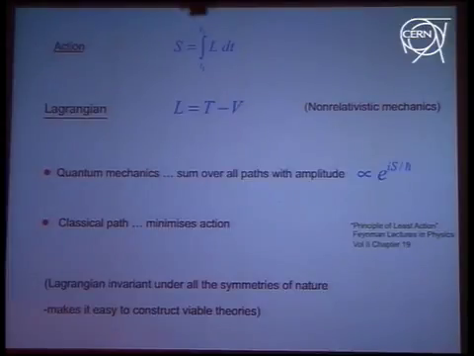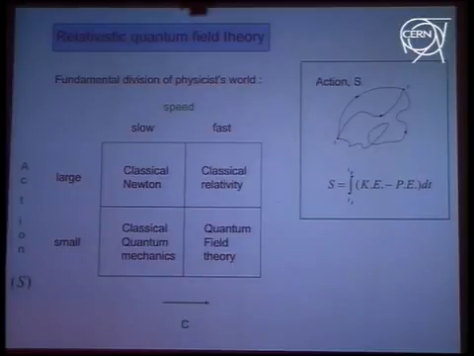Now, what one has found is that quantum mechanics can be defined as a sum over all paths, where that means you sum over every way you can get from A to B, but you weight each path by a function of the action. So you have a linear sum.